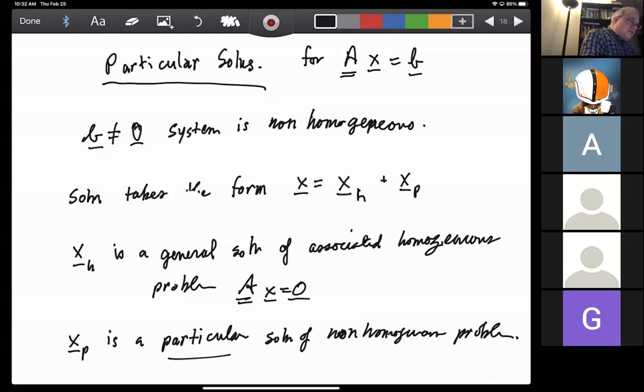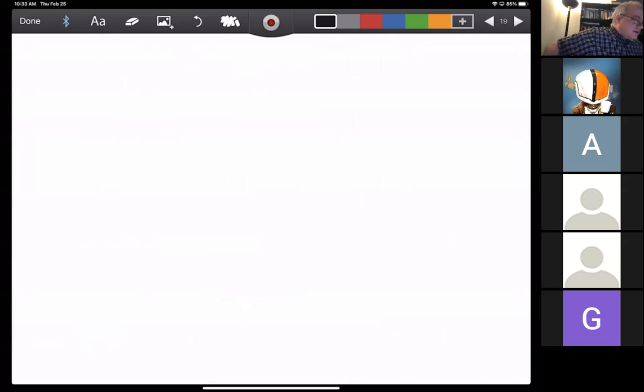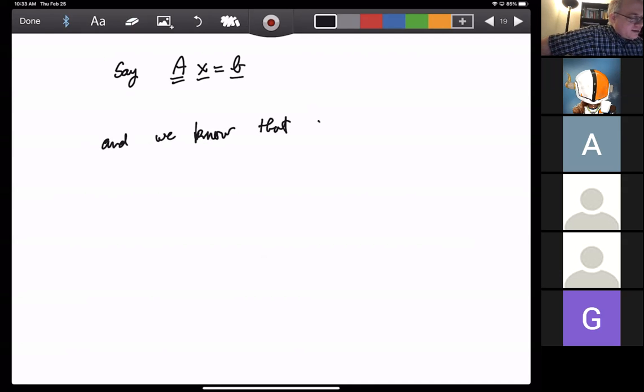So let's see how this works. Say we want to look at the system AX equals B, and we know that X sub p satisfies A times X sub p is equal to B. So X sub p is a particular solution of this non-homogeneous problem.